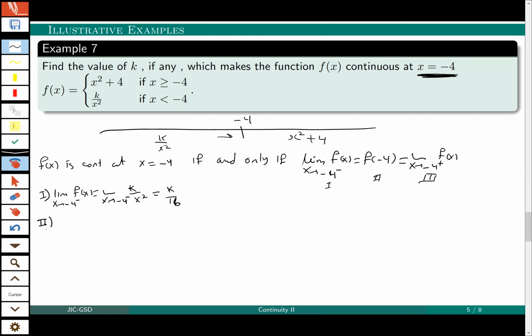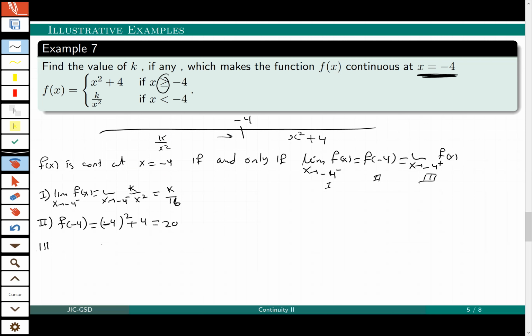The second, f at -4. F at -4, when x is equal to -4, it will be -4 whole squared plus 4, which is 20.